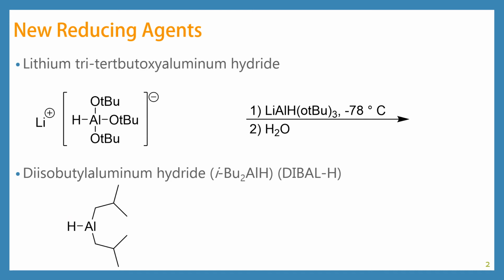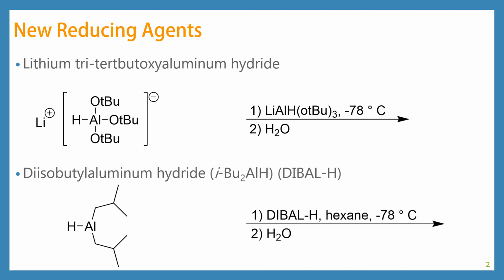And this is done at very similar reaction conditions. Your solvent is hexane, your temperature is negative 78 degrees Celsius, and you follow it up with a water workup. Negative 78 degrees Celsius sounds really random, but remember, this is actually the temperature of an acetone and dry ice cooling bath. So it's not random at all.